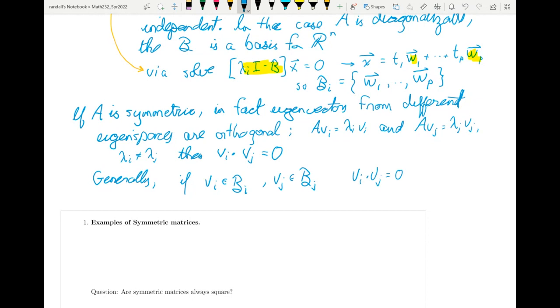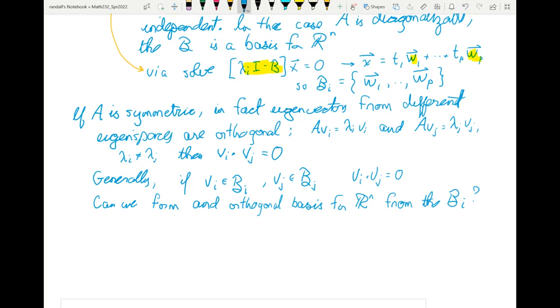The question is, can we form an orthogonal basis for Rn from the bases Bi?